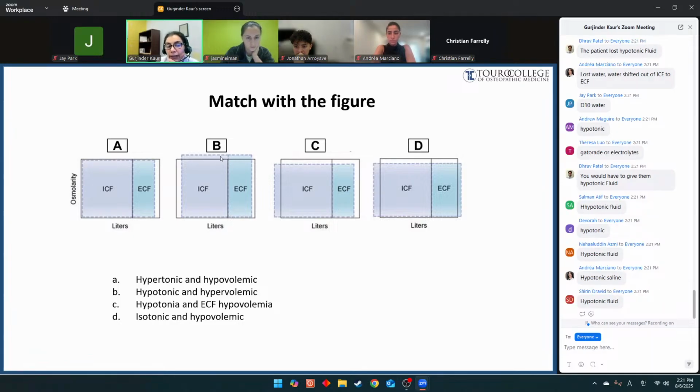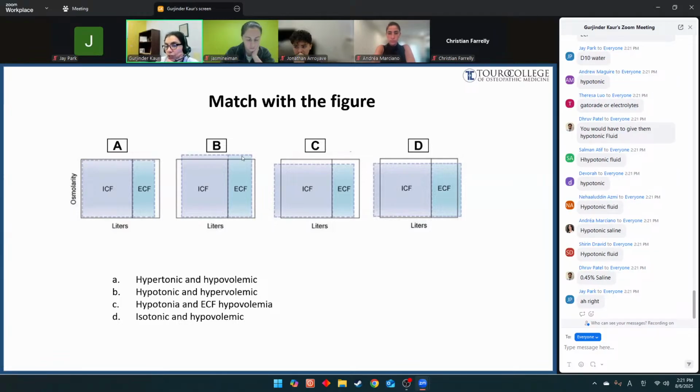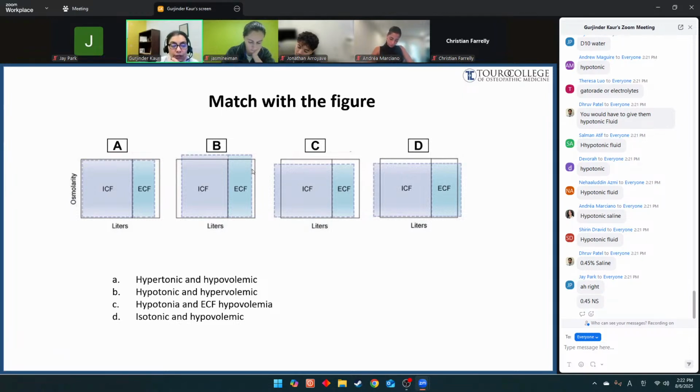They are already hypertonic here, so you cannot give this patient hypertonic saline. You have to give them more water and a little bit of solute in it, so it has to be hypotonic. It's as easy as that: you already told me they have lost hypotonic fluid, so you compensate with a hypotonic fluid.